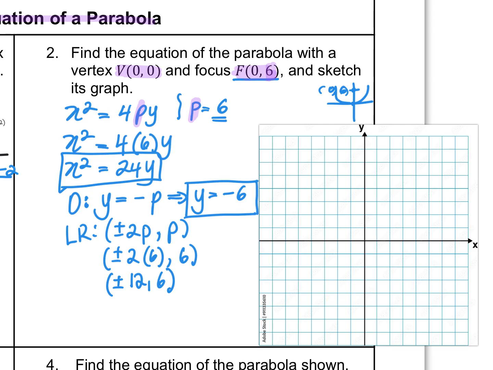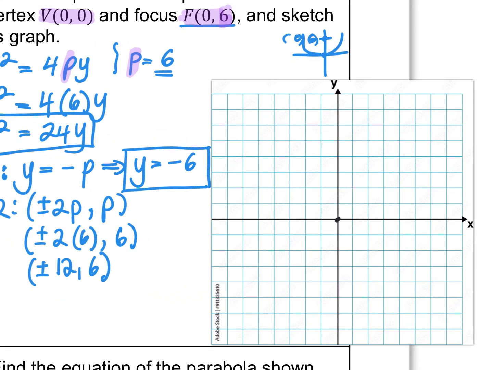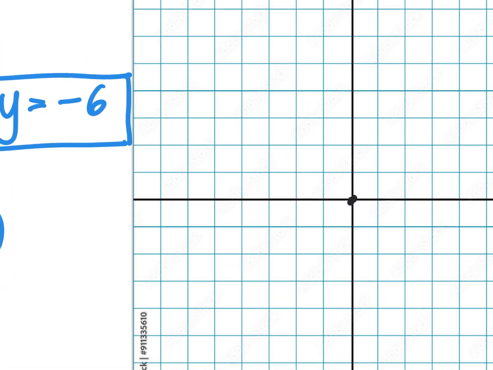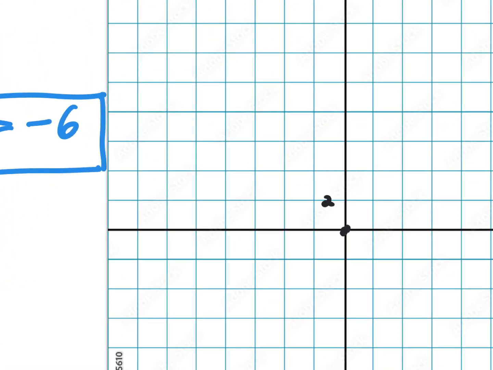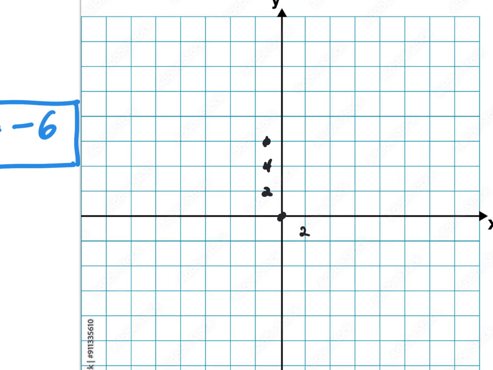First, we're going to mark our vertex at 0, 0. So we know that very well. Now this is our 0, 0. And then our focus is 0, 6. Let's count this one by 2. This is going to be 2, 4, and then 6. This is going to be 2, 4, 6, 8, 10, and 12.